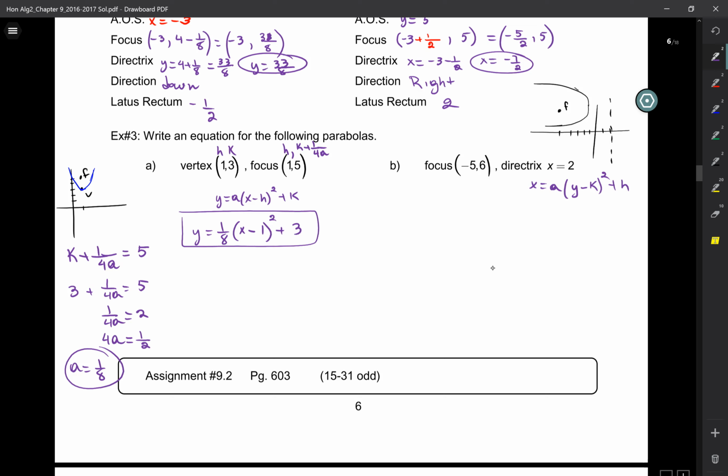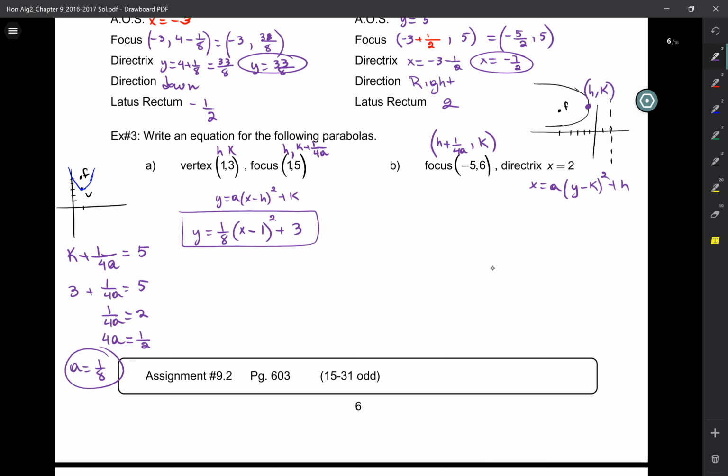Okay? All right, so what do we have here and what do we need? If the vertex is h and k, where is the focus in this case? The focus is at h plus what? 1 over 4a, comma k. Okay, so remember, we need to get a negative value for a, right?